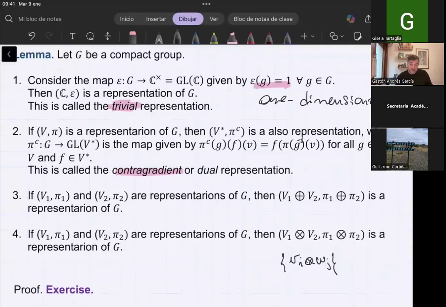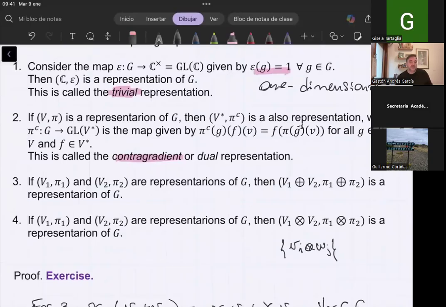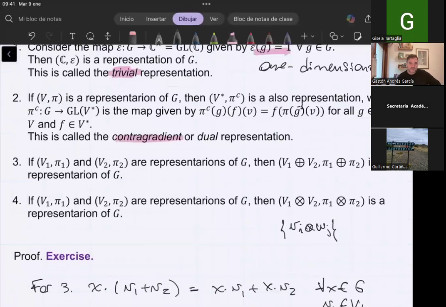So in the last lecture, we're going to see how we do that for a unitary group. We're going to use tensor products and sums, yes? We're going to pick only one representation, which is the standard one that I introduced in the first lecture. And with this one, we can obtain all of them, yes? But we need to develop some theory to prove that actually they are all of them.